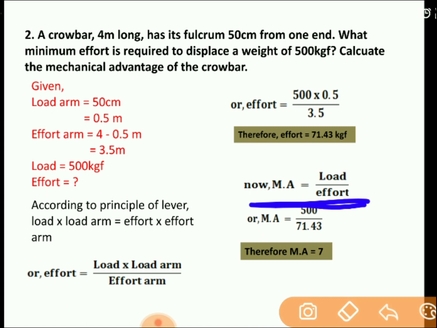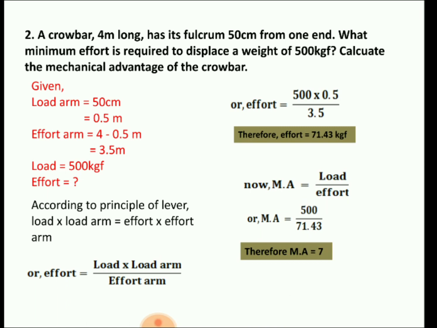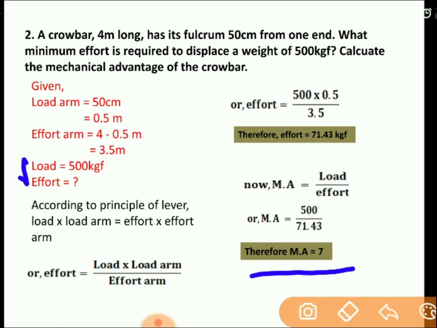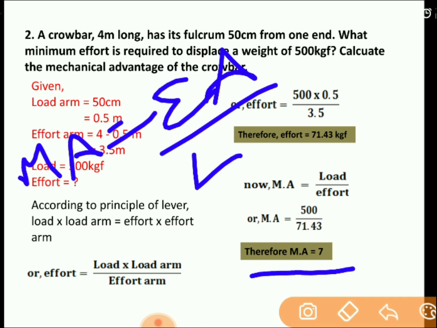Now I can explain one thing from this numerical. Actually it's very good. We know the formula for mechanical advantage is load by effort. Put the value of load 500, put the value of effort 71.43, and we get mechanical advantage 7. We have one more formula: mechanical advantage equals effort arm by load arm.